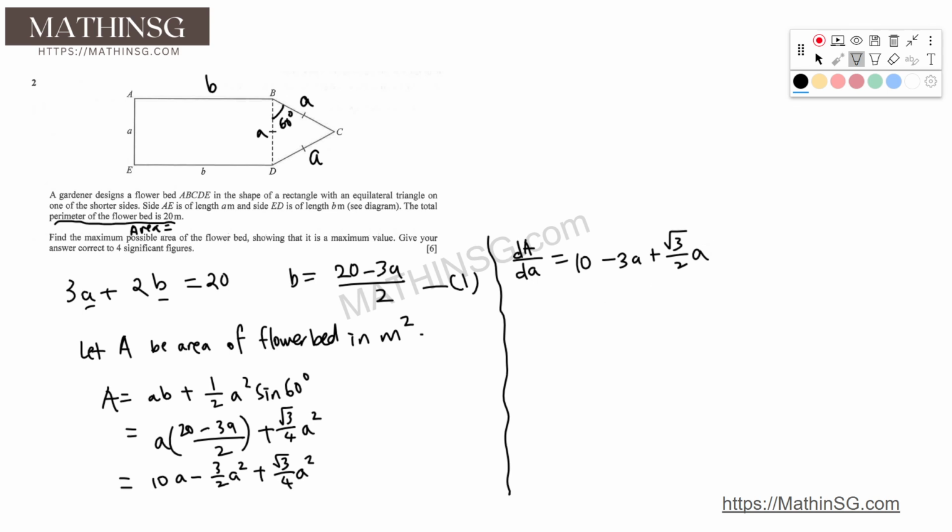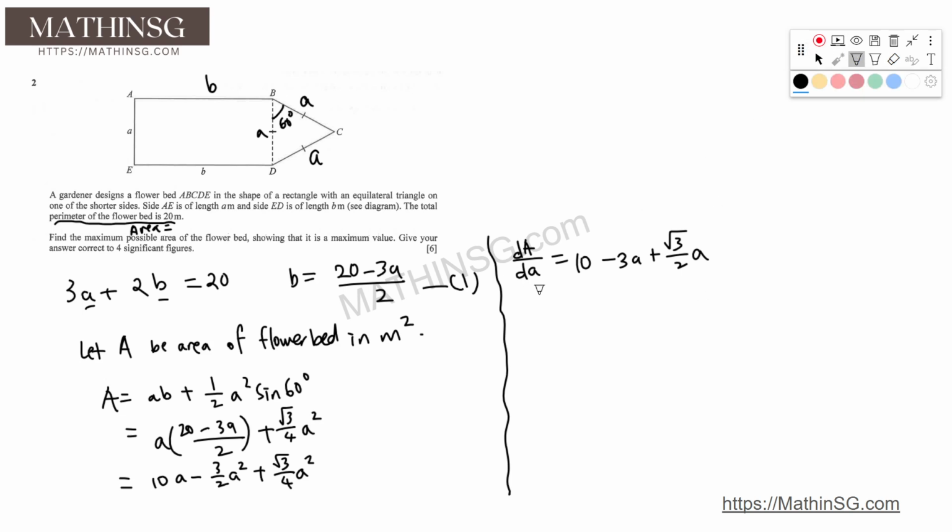I will also find d squared A over da squared, which is minus 3 plus root 3 over 2, which when you type into your calculator is less than 0. So the stationary value is a maximum. This one I'll write later, not now.